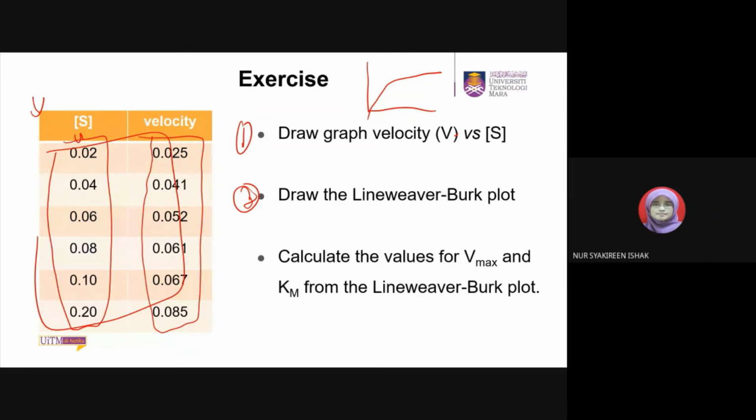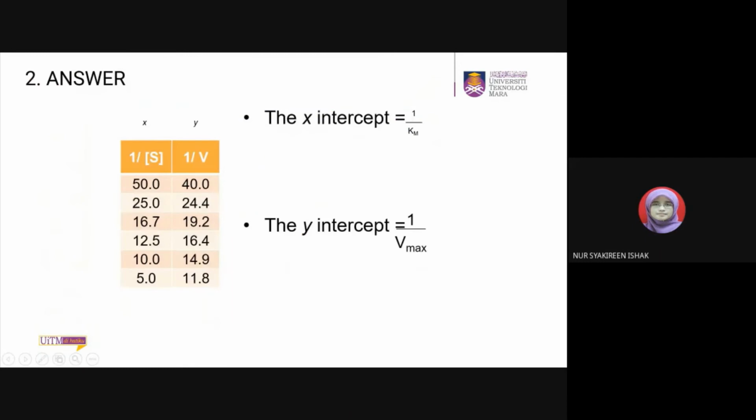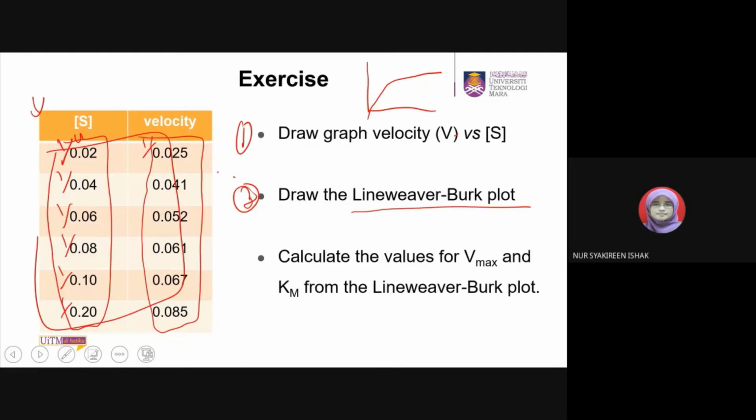So in order for you to get the Lineweaver-Burk plot, tell me, how do you get this graph? Before my child asks, I'd better tell you. Do 1 over. You take 1 over each value here. Understand? Each value, make sure you take 1 over it, to get the full value.